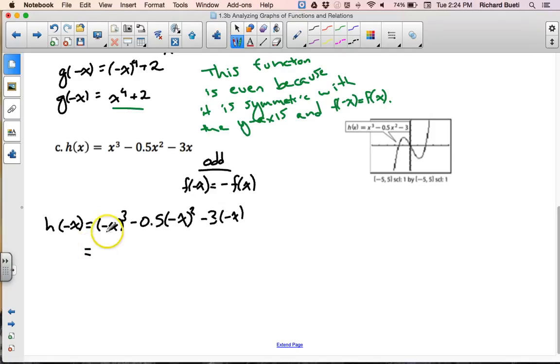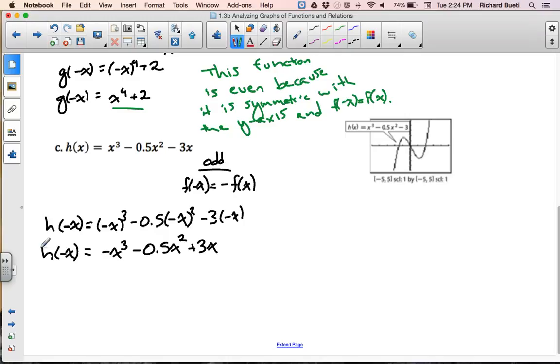I know that any negative value raised to an odd power is going to give me a negative. So this will be negative x cubed. And any negative value raised to an even power is going to give me a positive. So this will be negative 0.5 times positive x squared, so this is going to be minus 0.5x squared. And then negative 3 times negative x is actually going to give me a positive 3x. And this is going to be h of negative x.